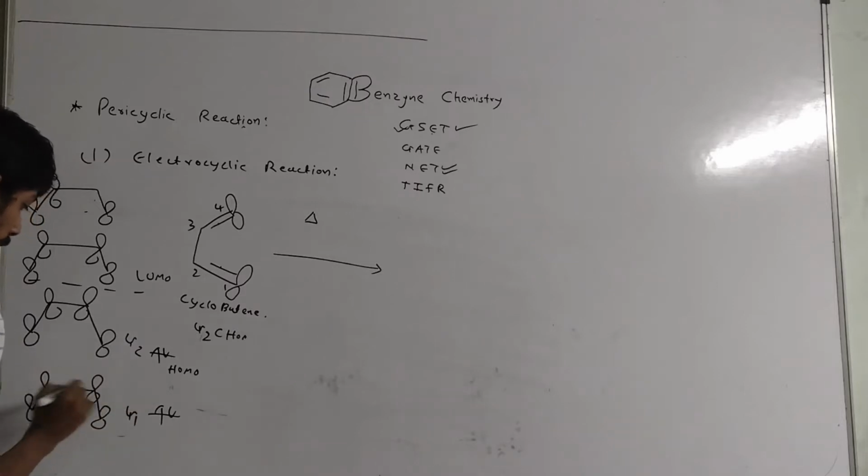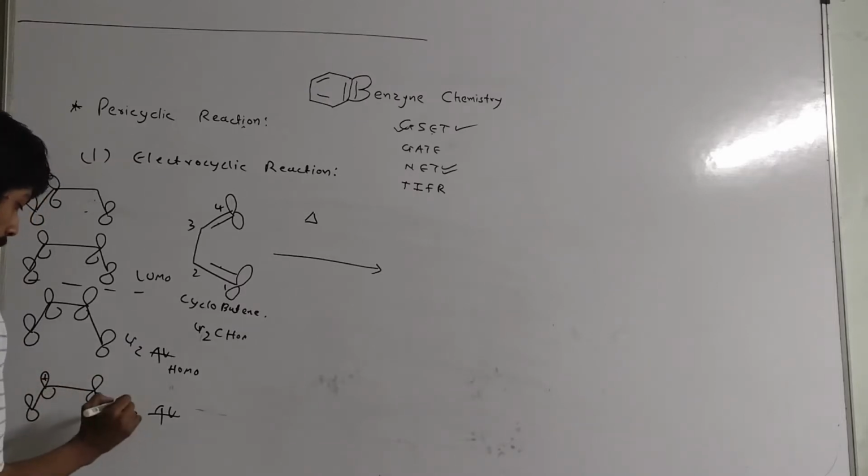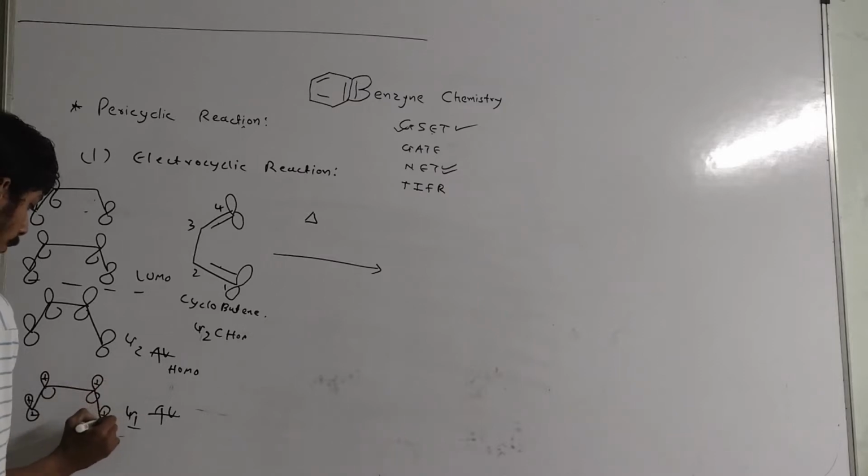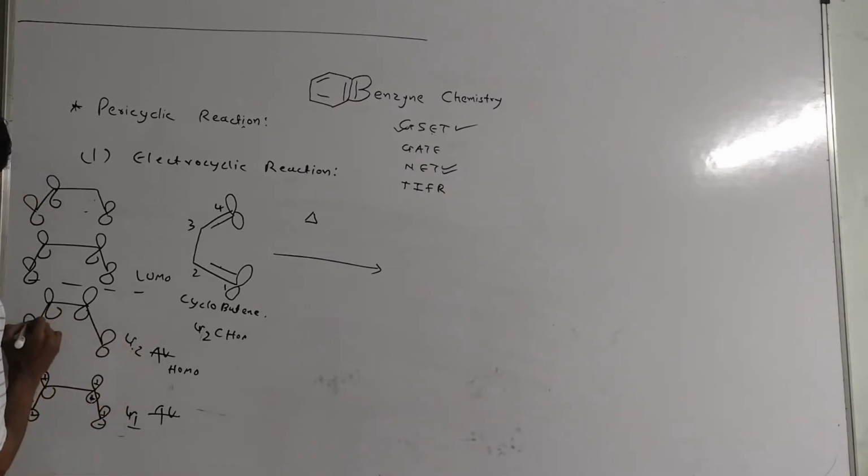You have to memorize the signs of the wave functions. In the first wave function, no node is present, so all the p orbitals have the same sign. In the second wave function, there is one node, so the sign is changed.